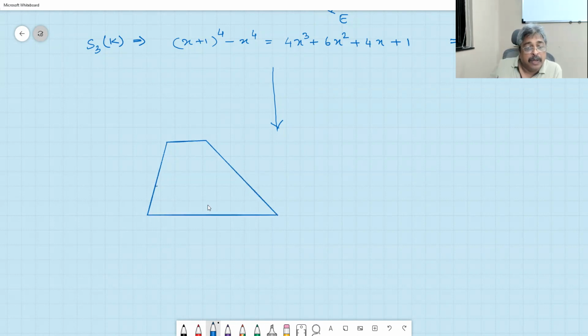If the areas are equal, this is small a, this is small b, let this be small x, let this height be h1 or h and this side be k.